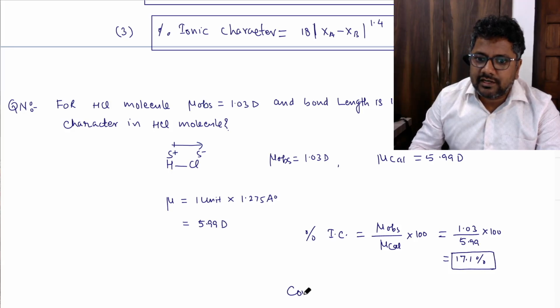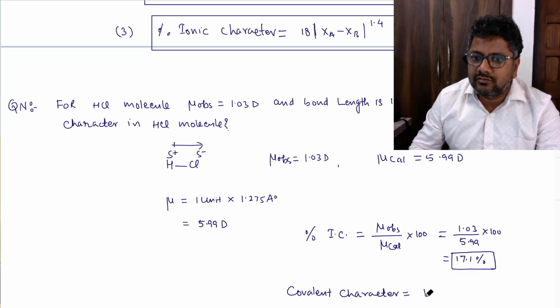So covalent character is equal to 100 minus 17.1, right?